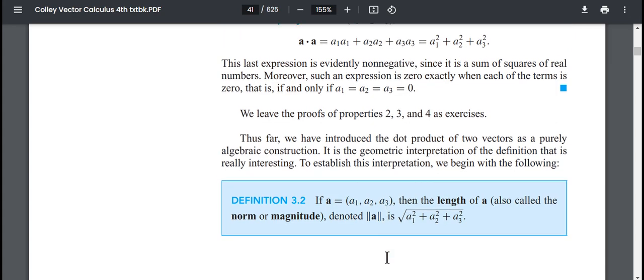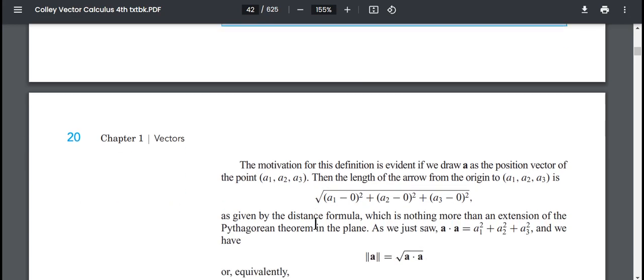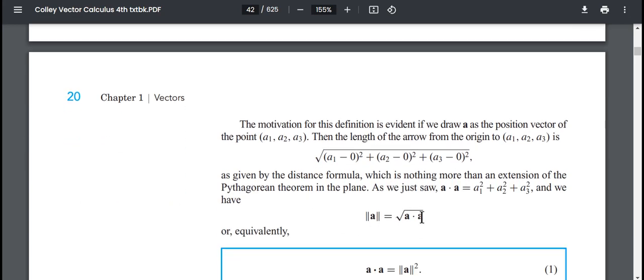The length is also called the norm or the magnitude, and it is the square root of A dot A. This is the general form for the magnitude of a vector, even if it's in more than 2 or 3 dimensions. In 2 or 3 dimensions, we can just have one bar, without the double bars. But anyway, this is the formula for the length.